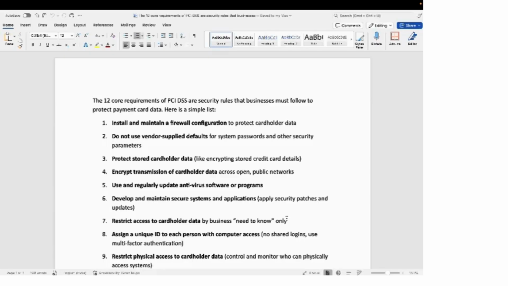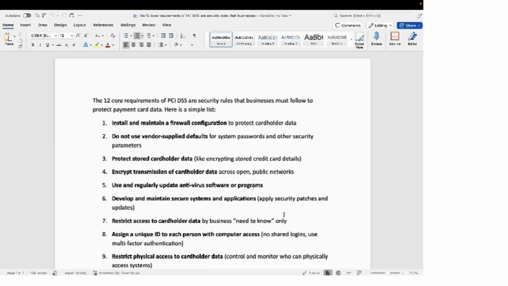Eighth, assign a unique ID to each person with computer access. No shared login. Use multi-factor authentication. Suppose you have a server where you have stored cardholder data, and there is a login, admin login or system login, that is common for different people.